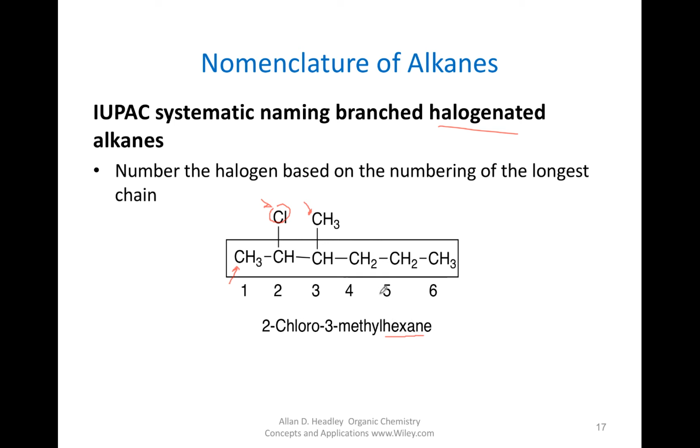And here we have the groups, the chloro group and the methyl group. Since C comes before M, the chloro comes first, and we'll have to indicate the position of the chloro with that number. And we have to indicate the position of the methyl with this number here. So that would be the complete IUPAC name for that molecule.